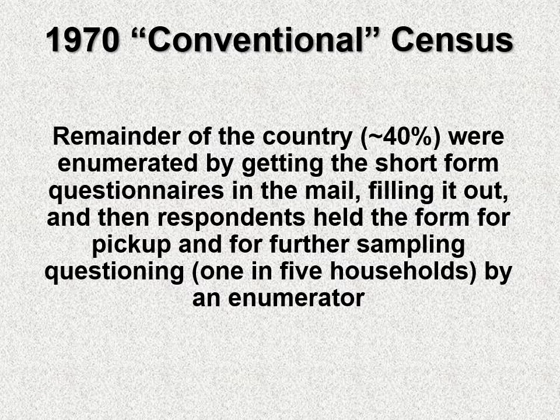And when the enumerator came, in one of 5 households, there was some further sampling that was done by that enumerator. So we have a conventional census here, and I don't have much documentation on how that was trained, handbooks, etc.